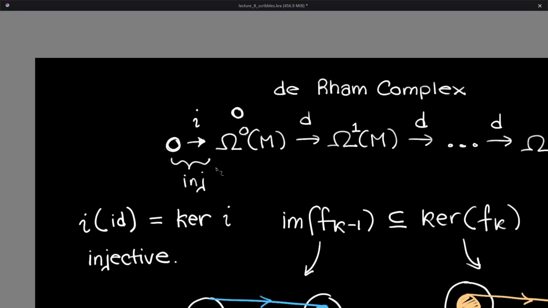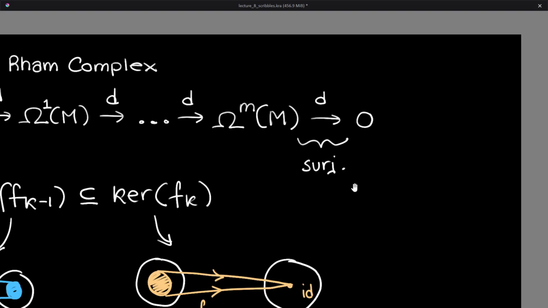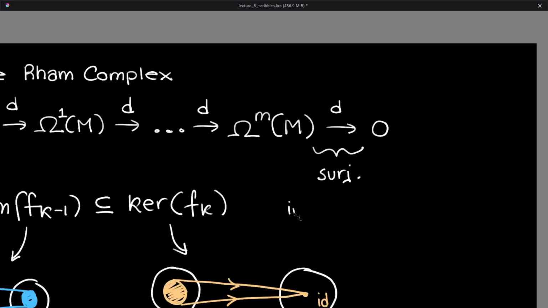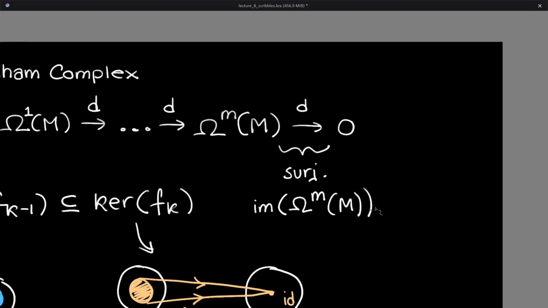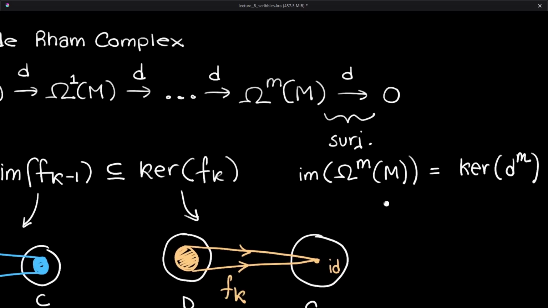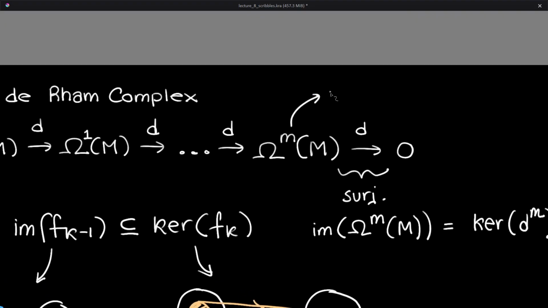On the other hand, on this side, what it's saying is that the image of the last map out of the m-forms is exactly equal to the kernel of d acting on the m-forms. M-forms, being on m-manifolds, the maximum forms you get on them are m-forms.